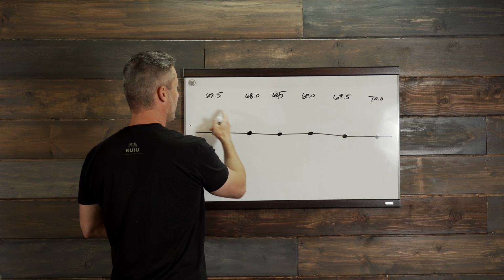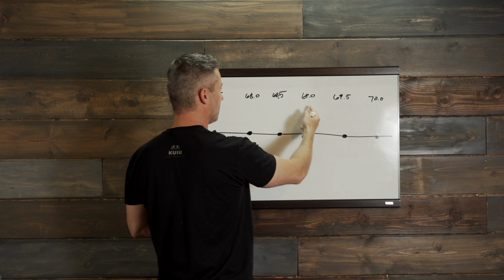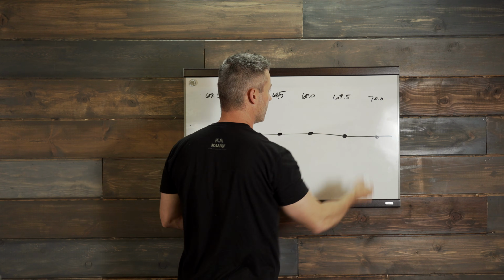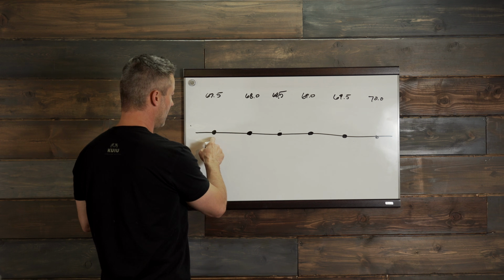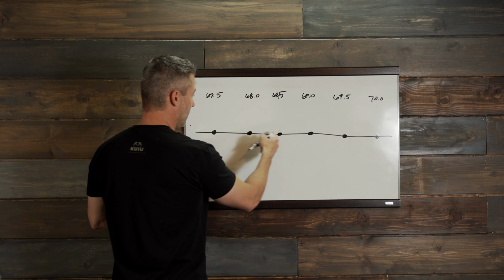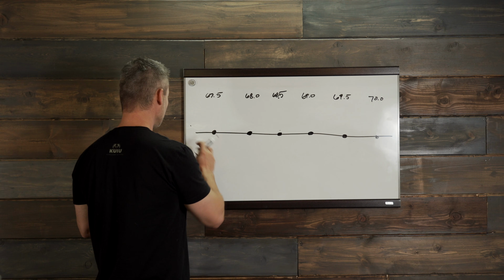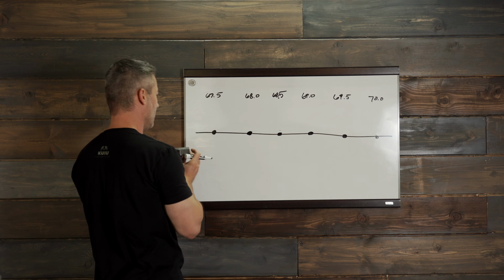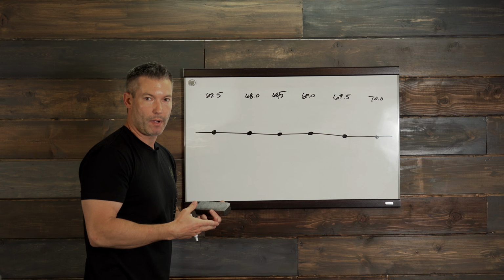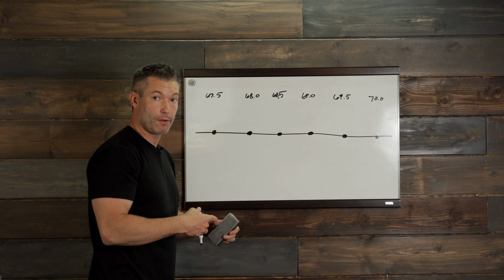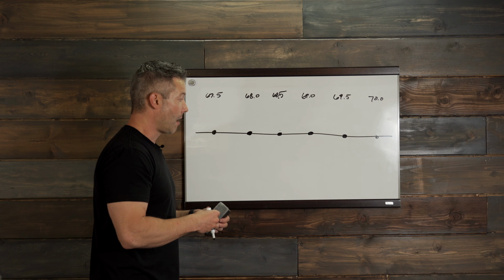So I got 67.5, 68, 68.5, 69 grains, 69 and a half, 70 of an imaginary powder with an imaginary bullet. So we'll go shoot these all at these point of aims on, you can do it on a blank piece of paper. You can do it, I use painter's paper that they would use on auto body shop.